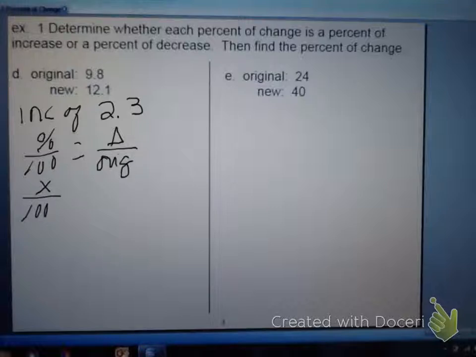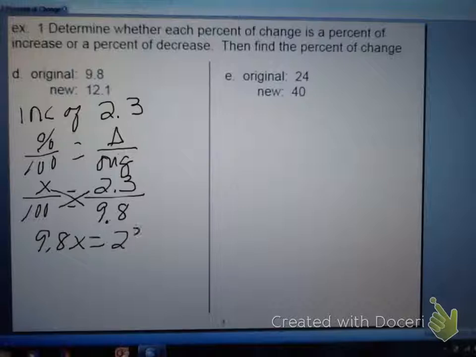It's x over 100 is equal to 2.3 over the original, 9.8. We cross multiply. X times 9.8 is 9.8x, is equal to 100 times 2.3. Remember, there's two zeros, so we move our decimal 2 places to the right, so it's 230. Divide by 9.8.